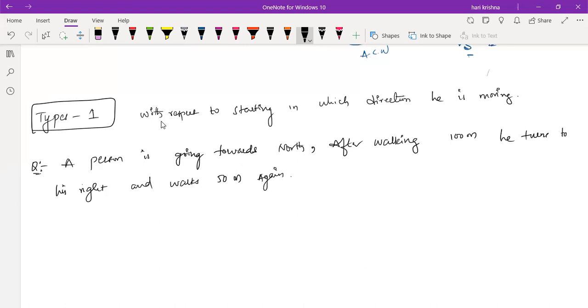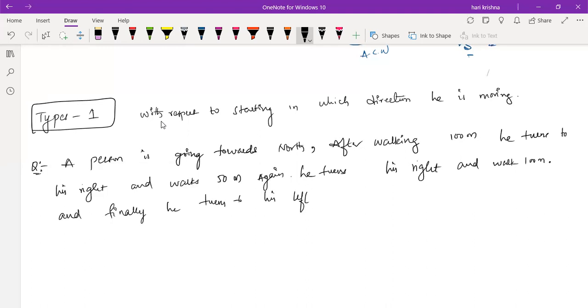Again he turns right and walks 100 meters. And finally, he turns to his left and walks 20 meters. Now, in which direction is he moving?